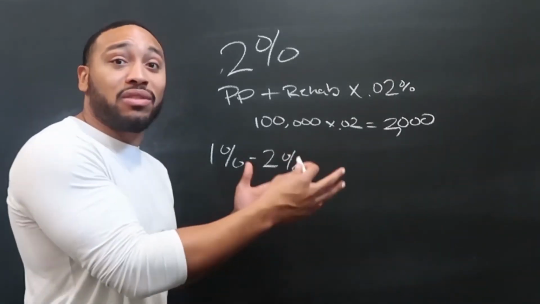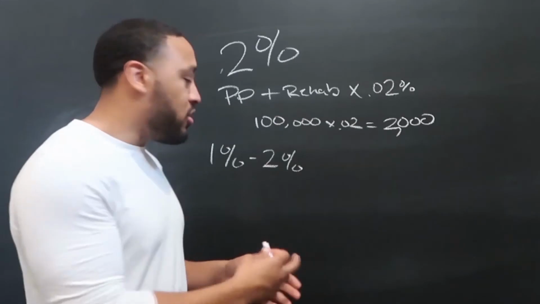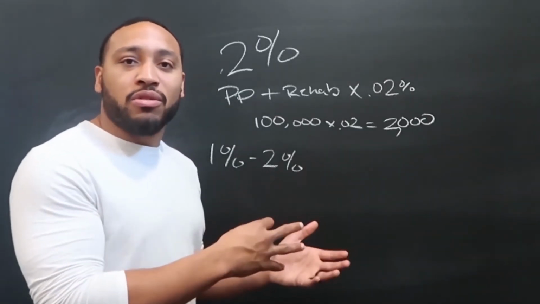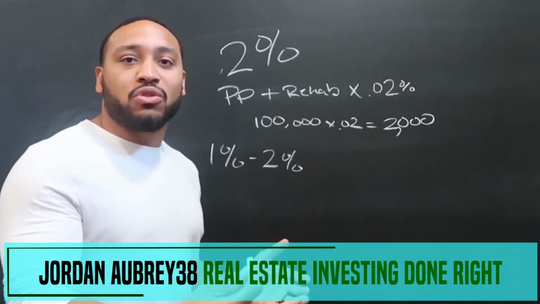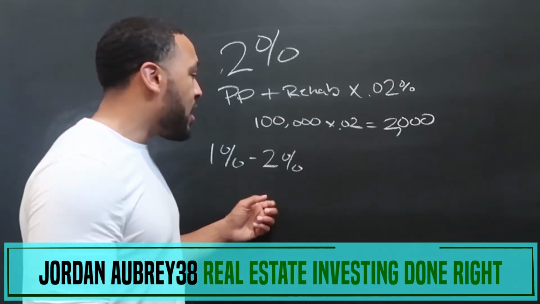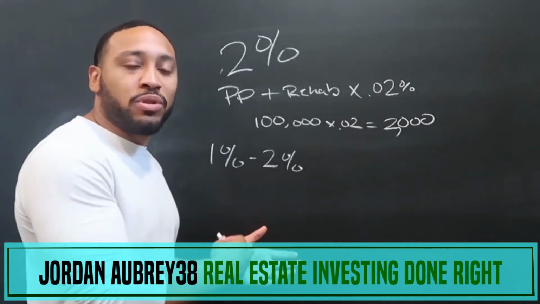All the money that you had cash flowed the year before, because you bought it at a 1% rule, now you're left in trouble in the year down the line.